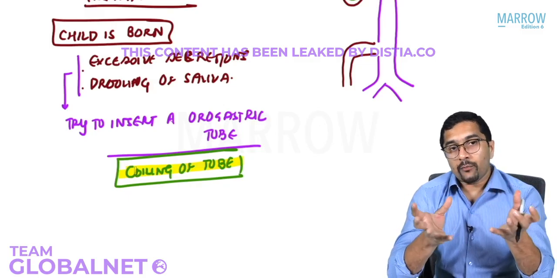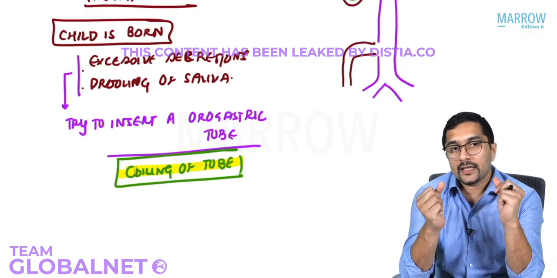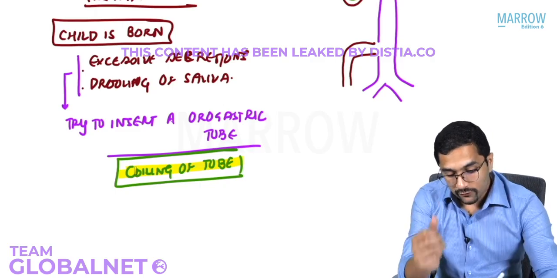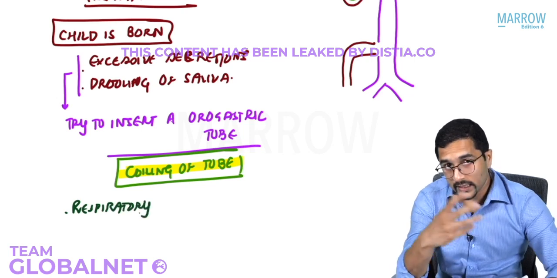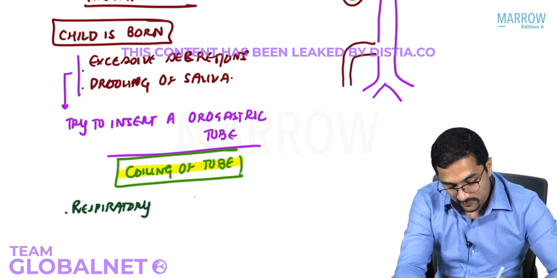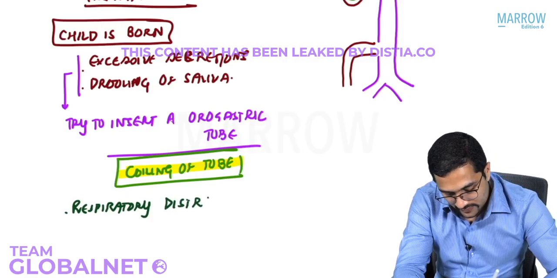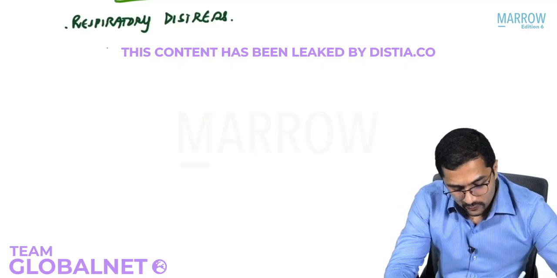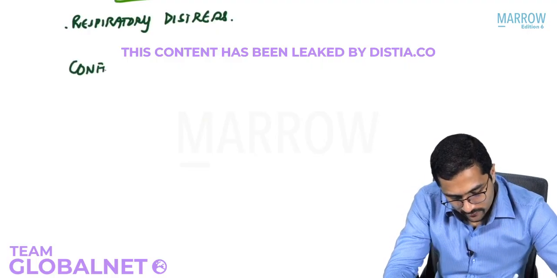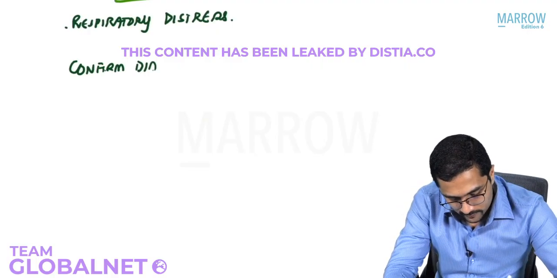So these are the points which will hint towards a tracheoesophageal fistula. Of course, these patients can also have respiratory distress, because if there is a fistula, all these secretions are going into the trachea as well. Now, how do we confirm the diagnosis? We will carry out a contrast study.